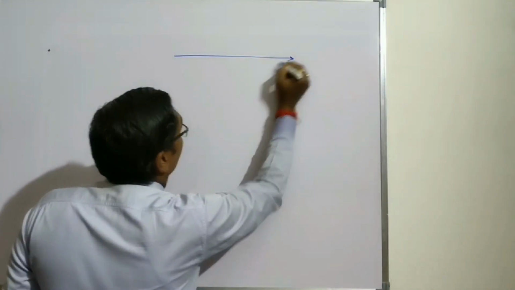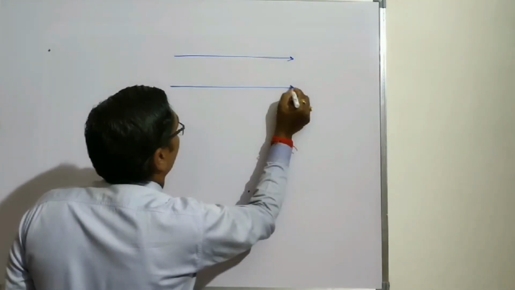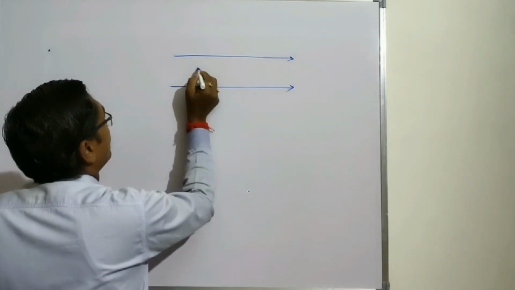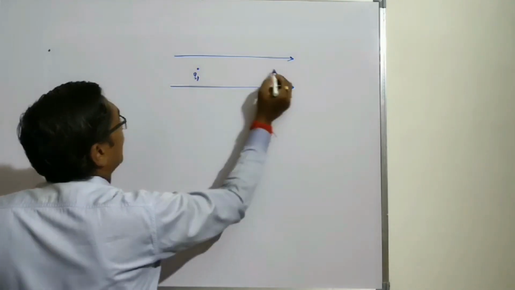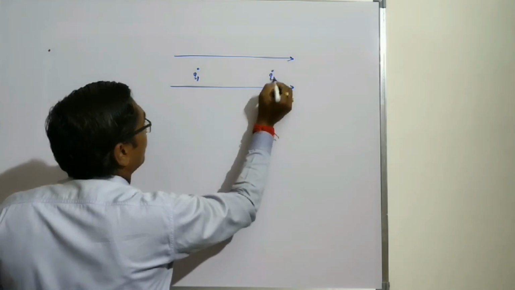Suppose this is the external electric field, and here are two charged particles. Suppose this one is Q1 and this charged particle is Q2.